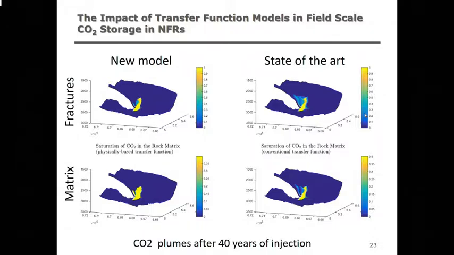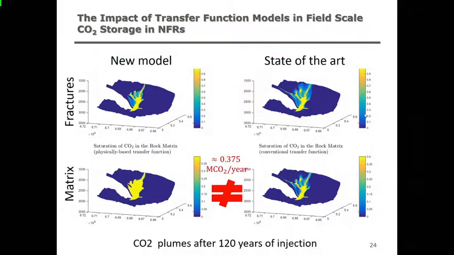In the top line, you see color-coded the amount of CO2 in the fractures, and at the bottom you see color-coded again, yellow representing the CO2 in the matrix rock. And these are snapshots after 40 years of injection, and then I have some snapshots after 120 years of injection.